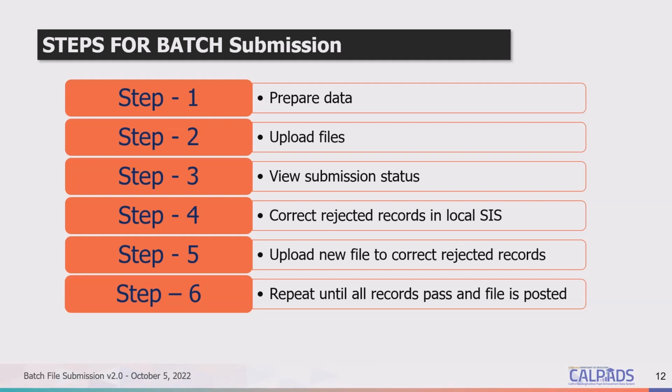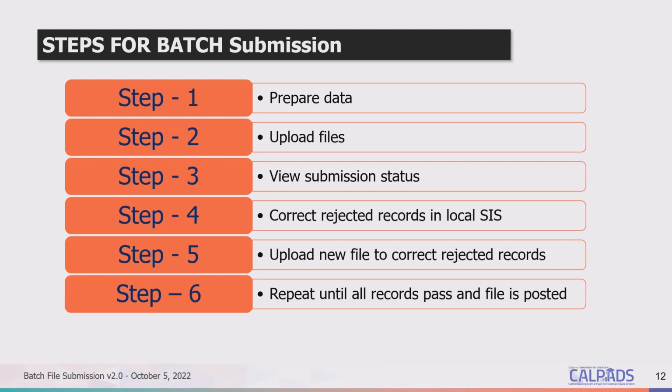So step 5 is to upload a new file to correct rejected records. We've corrected the rejected records in our local system, and we're submitting our second attempt at a CALPADS file submission. Step 6 would be to repeat this process over and over again until all the records from a file pass and then the file is posted.